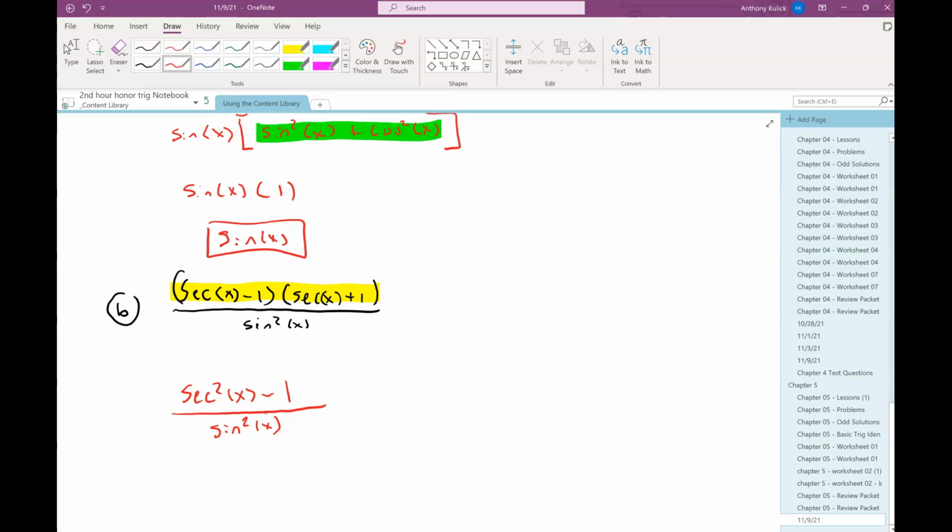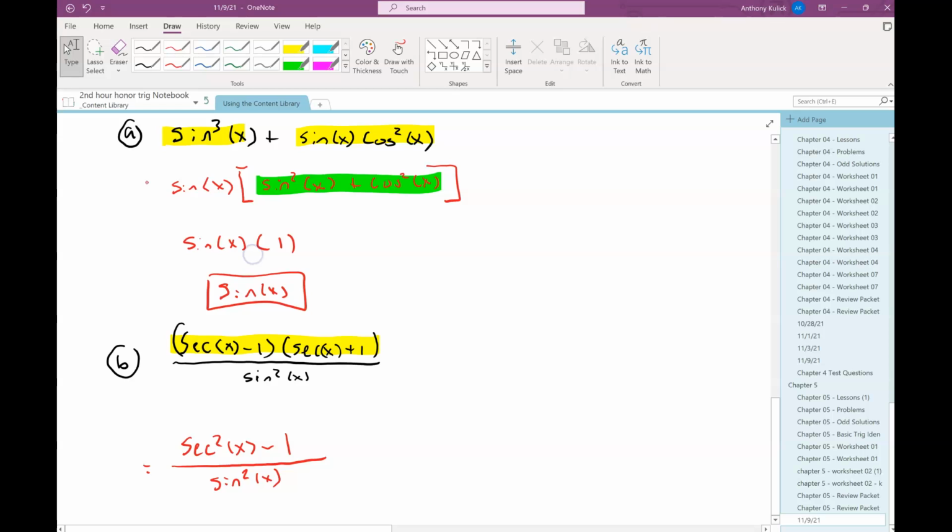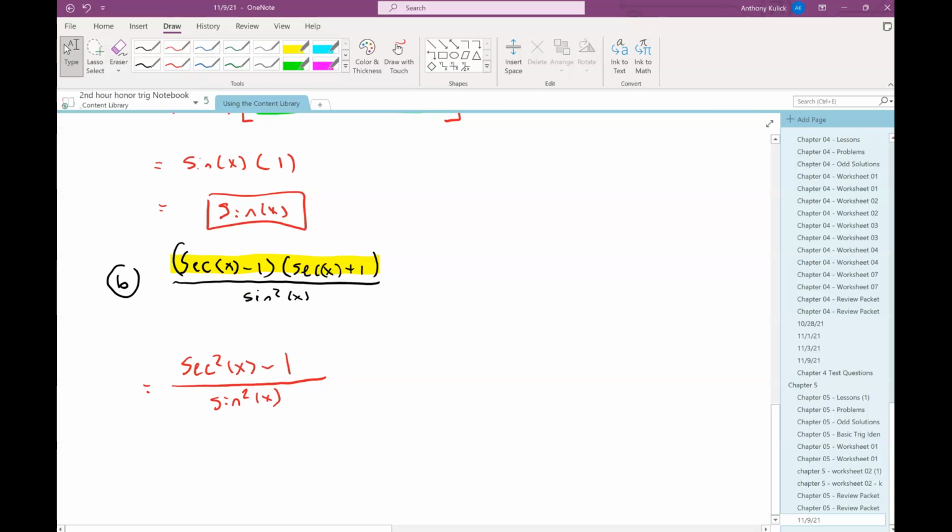So there's not another obvious algebraic thing to do here, right? So what should I do? Well, I'm going to look for an identity. John? Okay, why don't we do 1 plus tangent squared equals secant squared? That's maybe a little bit more obvious for everybody to see what's going on.